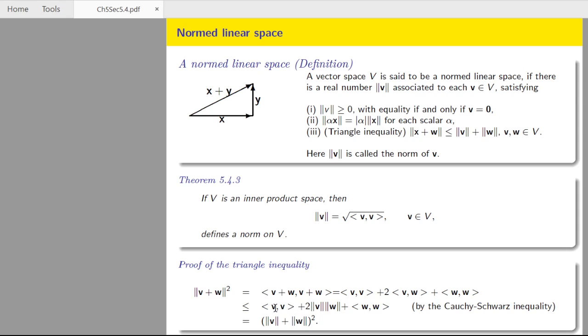And then here v and itself make inner product, that's equal to the square of the length of v, and the same thing for the third term. In this way, we got a complete square. The complete square is actually equal to this. Then on both sides we take a square root. We got the triangle inequality satisfied.